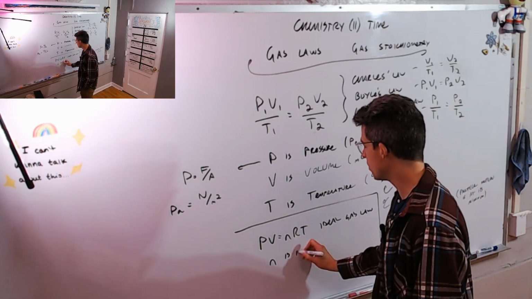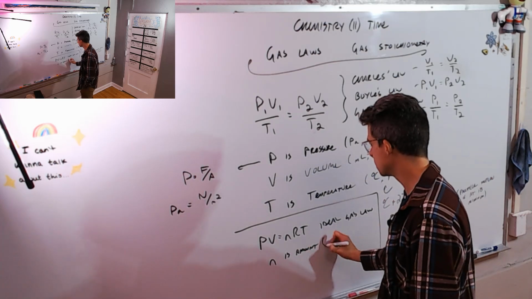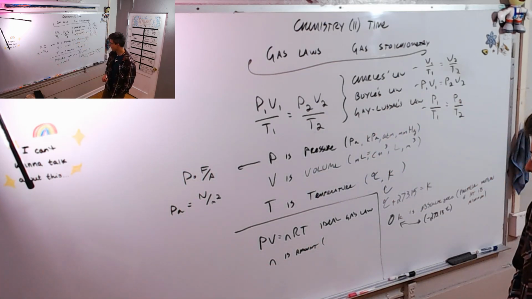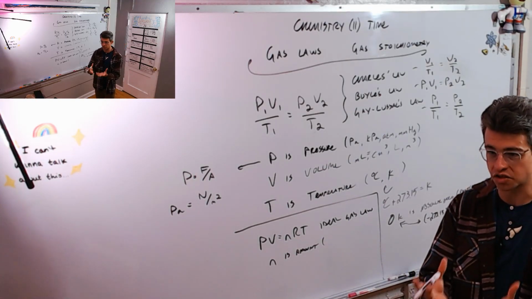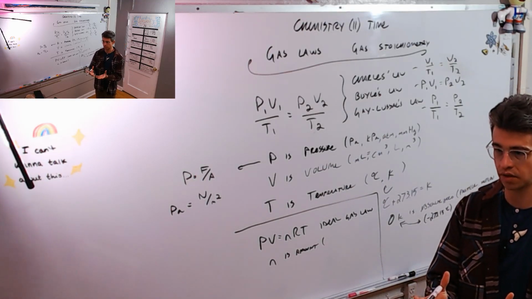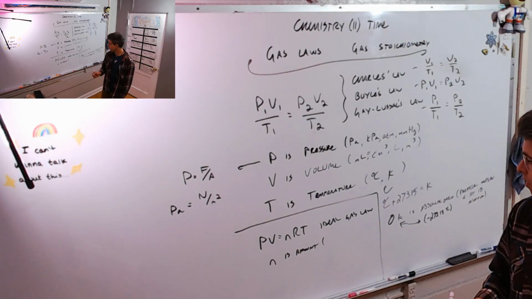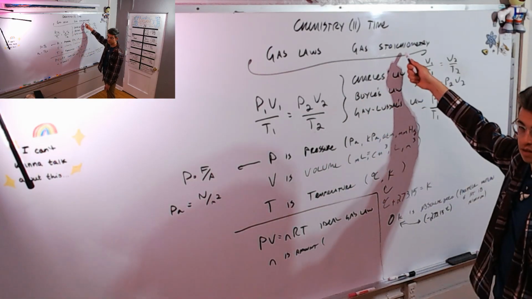N is amount. How do we measure amount in chemistry? How do you measure the amount of a substance in chemistry? Those are all amounts, but how do you measure the actual, like, how much stuff there is in a sample of something? In what unit? No, it relates to stoichiometry again.